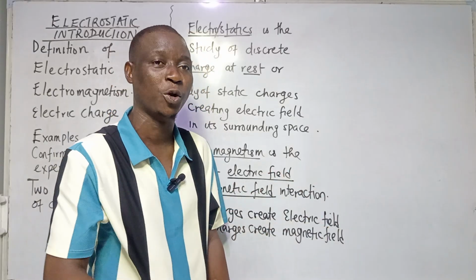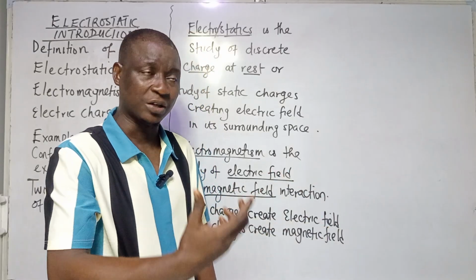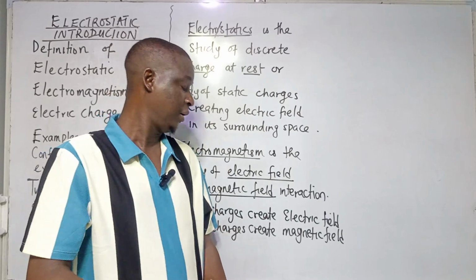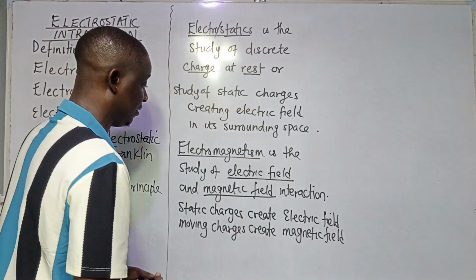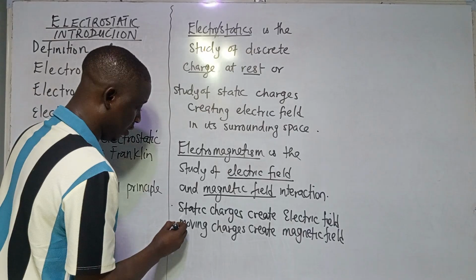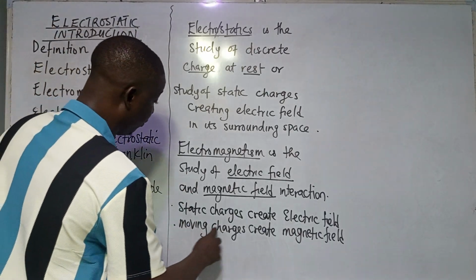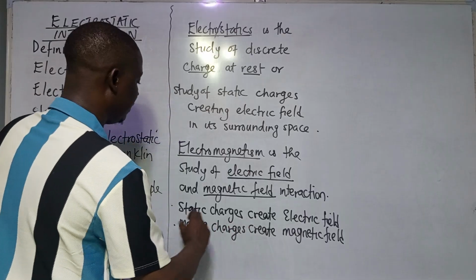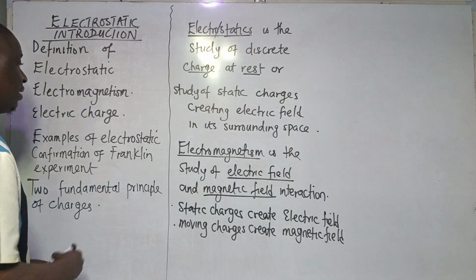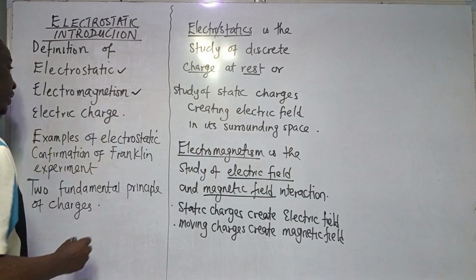That force is the Lorentz force, which you will get to know about as you go along. So that is what we call the electromagnetic field: moving charges create a magnetic field, and static charges create an electric field. That one is explained already.